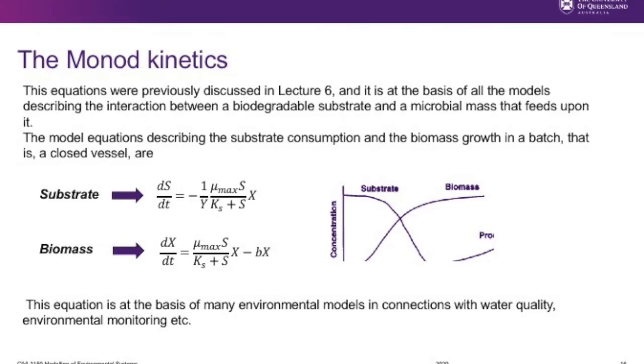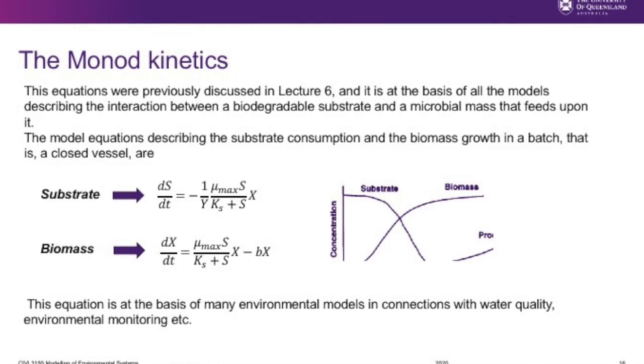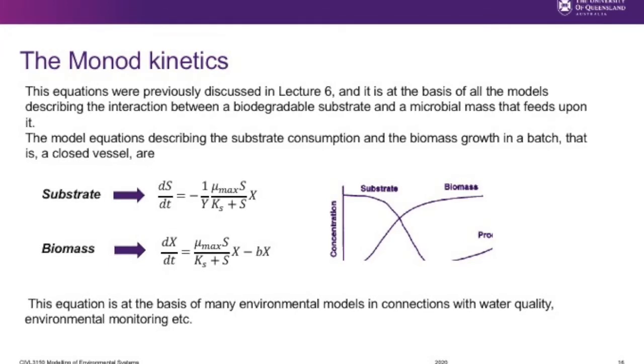I'm going to stress at this point that these equations, which are differential equations, are not yet the differential equation that describes the stock and flow diagram that will be discussed later on.